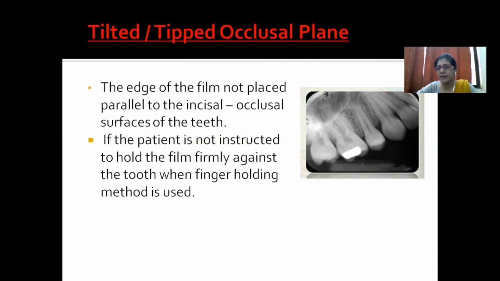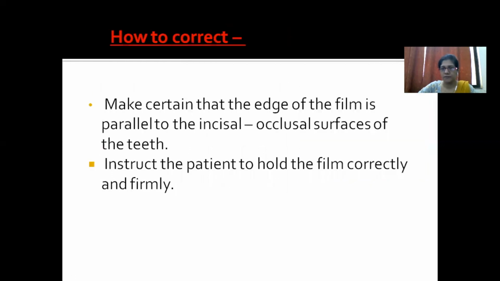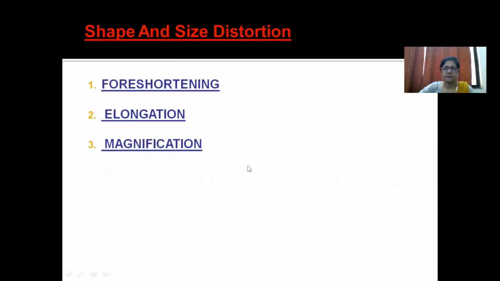In the bisecting angle technique, this is a common error when we have not instructed the patient properly. Then how to correct? Make certain that the edge of the film is parallel to the occlusal surface of the teeth before you expose the film, and instruct the patient to hold the film correctly and firmly.